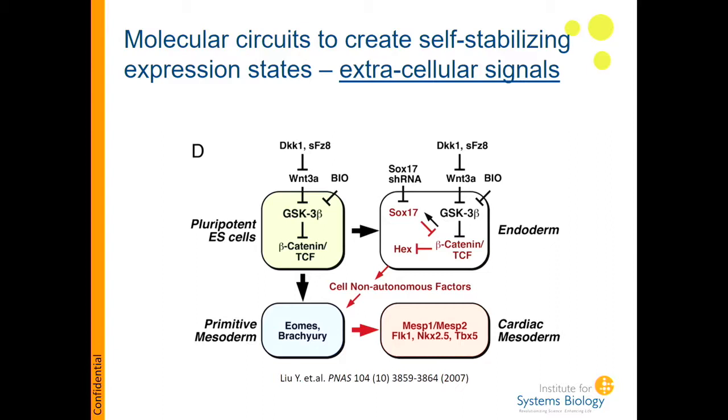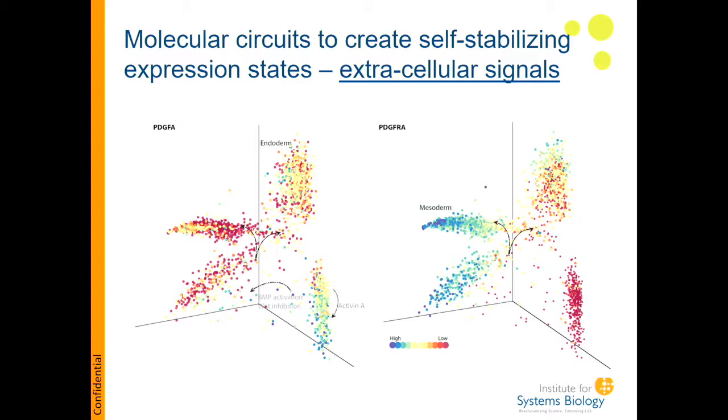Unfortunately, they didn't get any cardiac mesoderm in the dish at all. And what they ended up saying is there are cell non-autonomous factors, which we don't know, that are important for this kind of process.